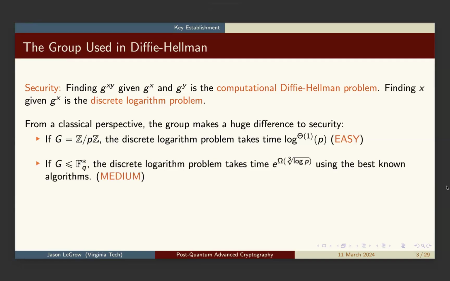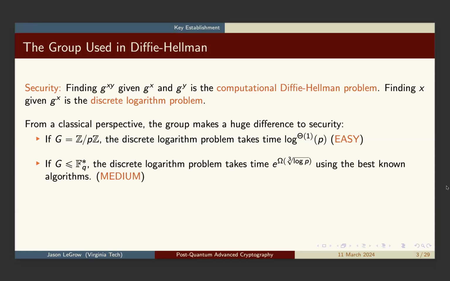If you look instead inside the multiplicative group of a finite field, discrete log takes time e to the something, where the exponent is smaller than log P but not constant. So this is sub-exponentially hard. This is what I would call a medium hard problem in the literature.